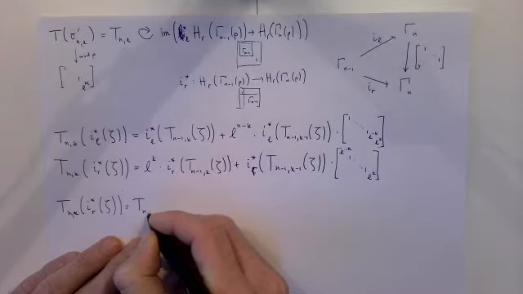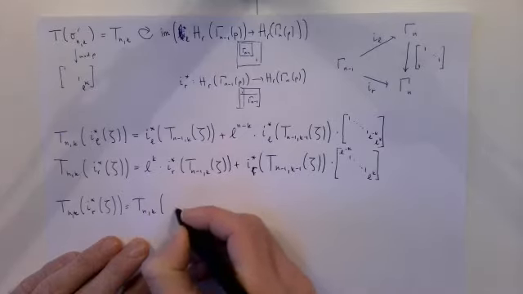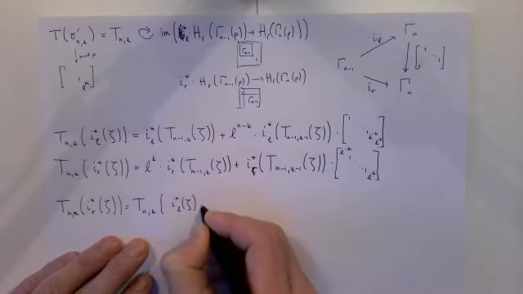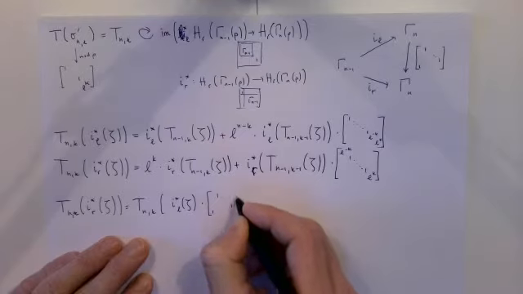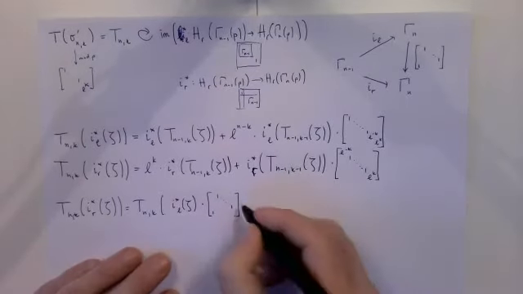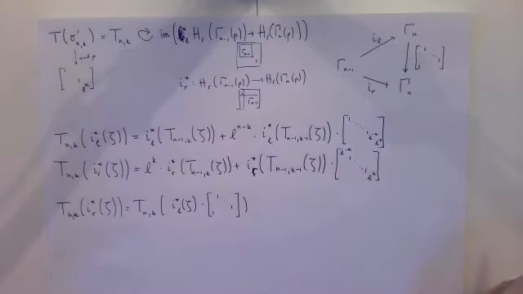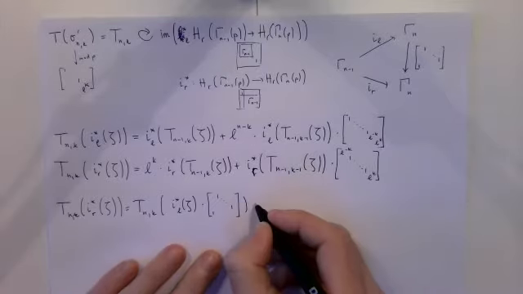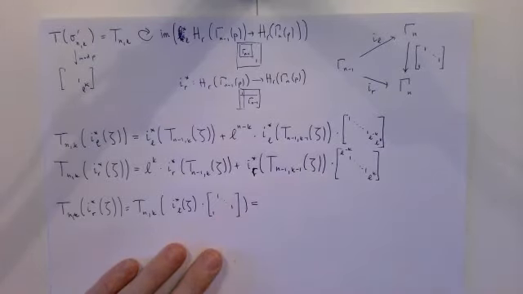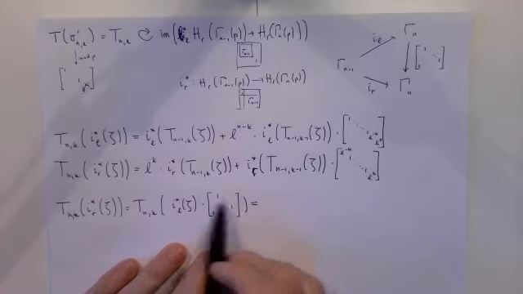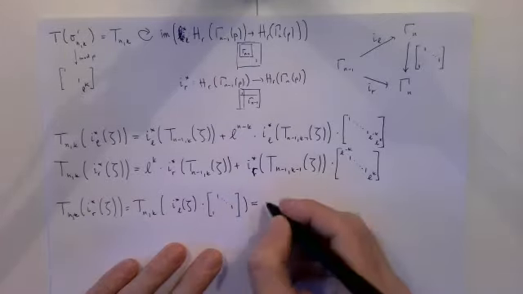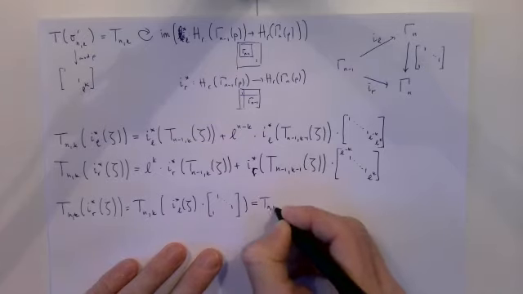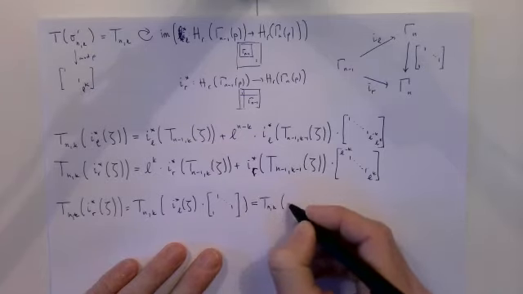L of sigma times this matrix, and now we've seen that this matrix, I can pull out the permutation matrix with a suitable factor.